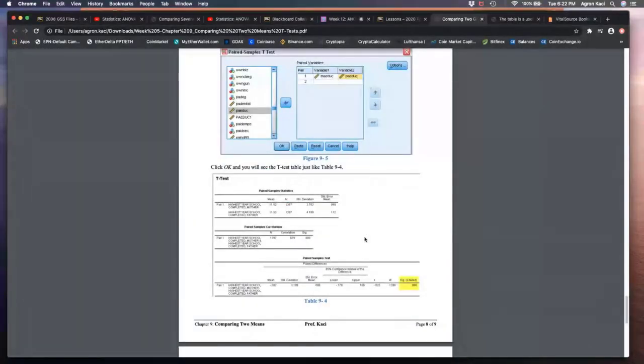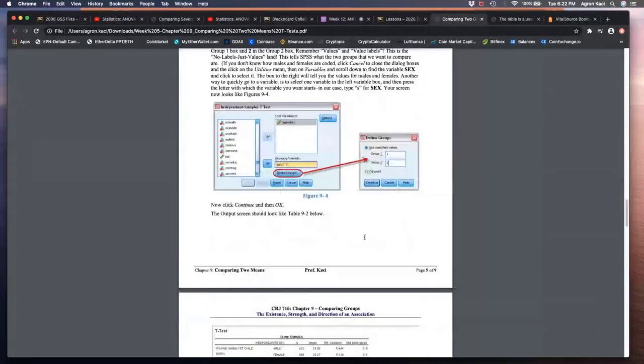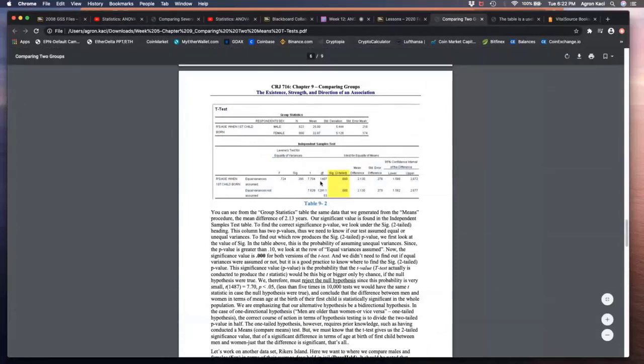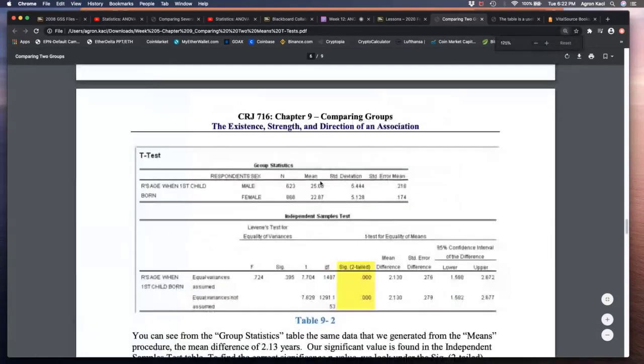Okay, let me see if I have it here. So if the Levene's test gives you a p-value that is greater than 0.05, correct? Yes. And then you fail to reject the null hypothesis of equal variances.